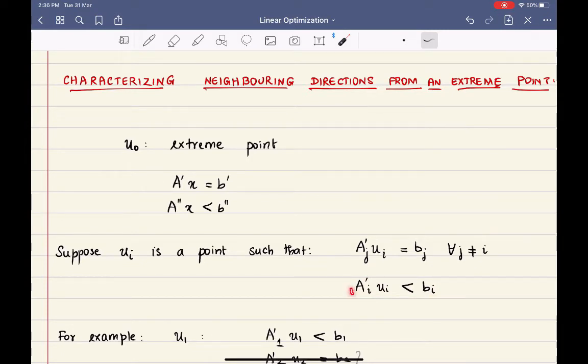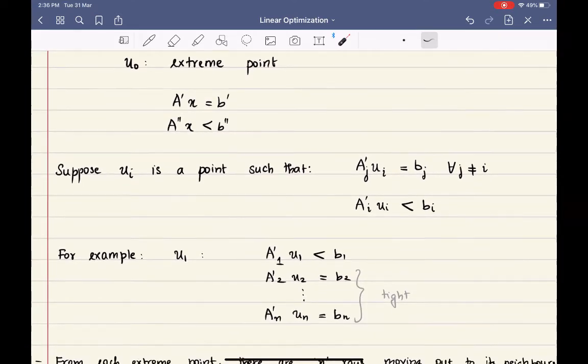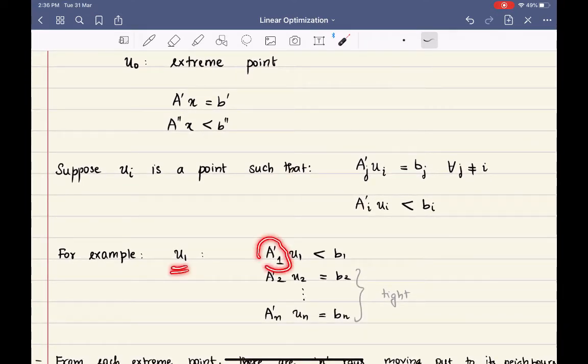You are saying that ai prime ui is strictly less than bi, whereas for the other n minus 1 you are still satisfying it tightly. Suppose ui is some point. So here is an example. u1 will be the point where a1 prime u1 will be strictly less than b1, and the rest of them are all still equality. For a2 prime, there will be equality here and strictly less than here, and so on.